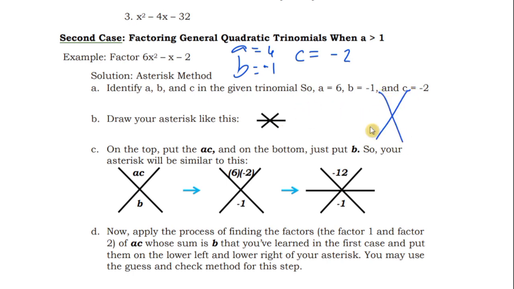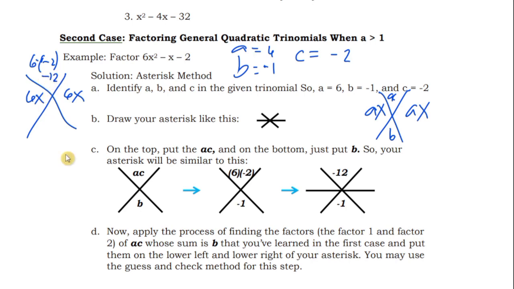In the diamond method we have ax, ac, b. Since a is 6, 6x here. The product of a and c is 6 times negative 2, which is negative 12. Then we have negative 1 here.